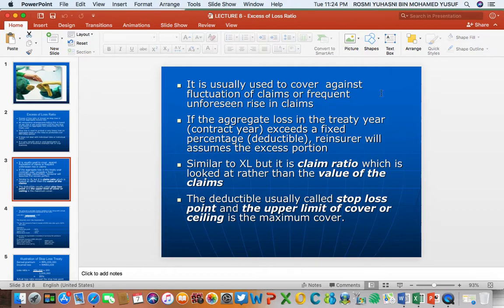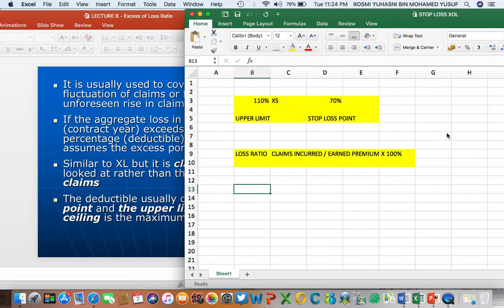So what is claim ratio? Claims ratio is claims incurred by the insurer divided by the earned premium for that particular portfolio times 100%. Very simple. You have seen this formula many times. Again, loss ratio is claims incurred for that year divided by earned premium times 100%.